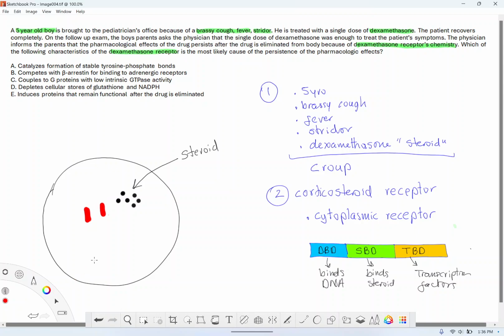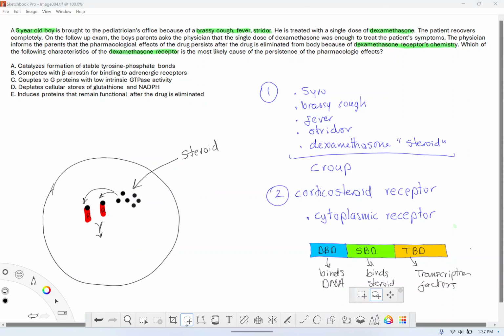So when they go into a cell, the steroid will bind to its receptor. I'll put R in there so you know this is a receptor. So when steroids bind to this receptor, what happens? There you go, one steroid attached, another. When this happens, the steroid receptors will dimerize. Dimerization means they come together.